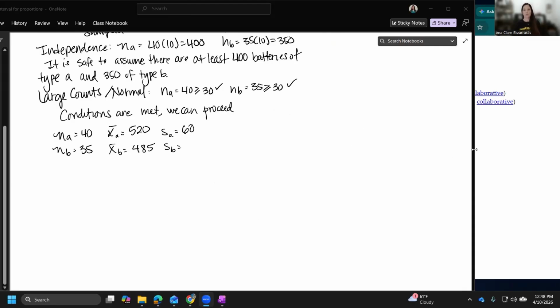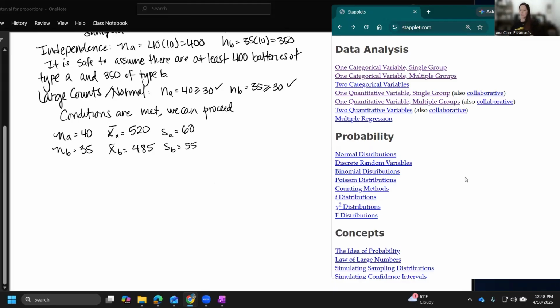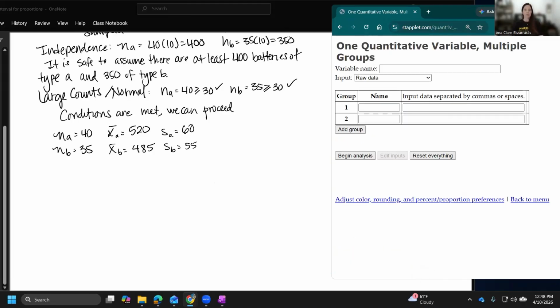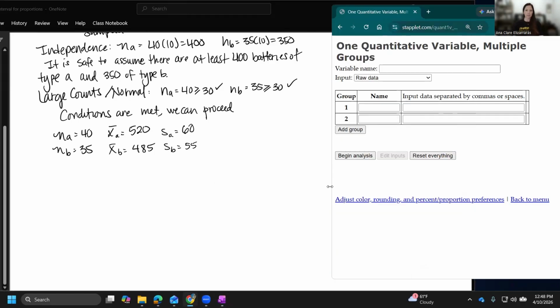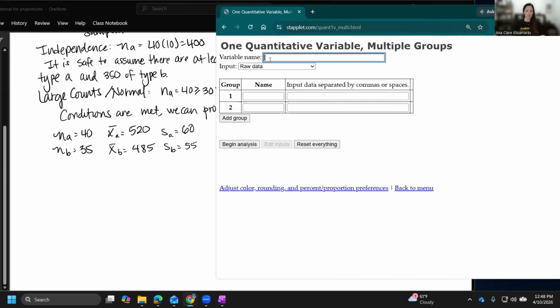So now we're going to pop over to Stapplet. These are numerical data, so this is quantitative, but I'm talking about one variable of lifespan. I happen to have two groups. So this is one quantitative variable, multiple groups. So now we're going to say that we're talking about battery lifespan. And we don't have raw data.